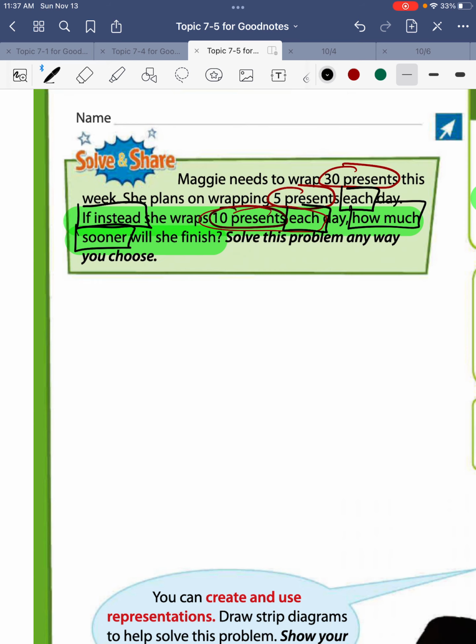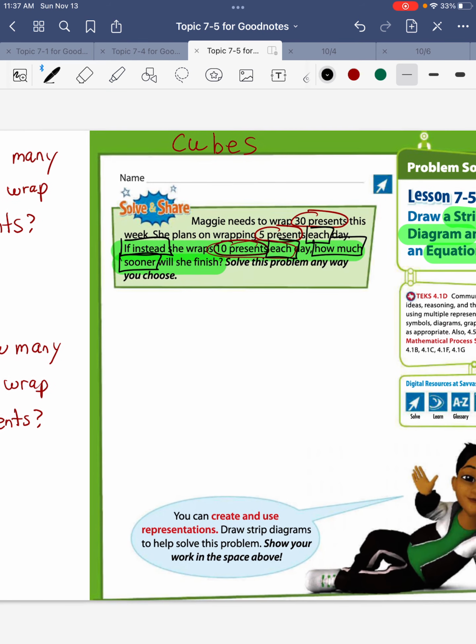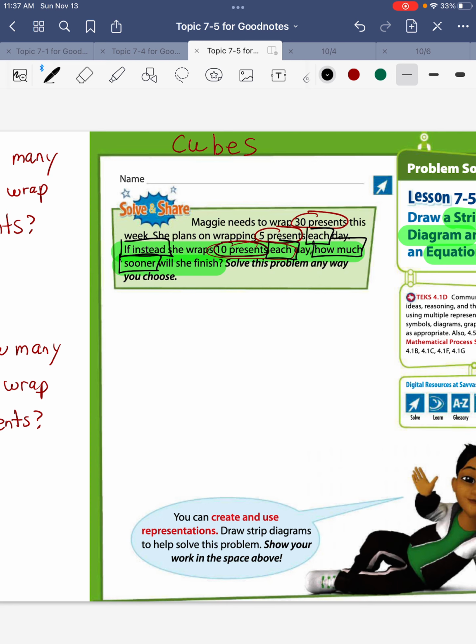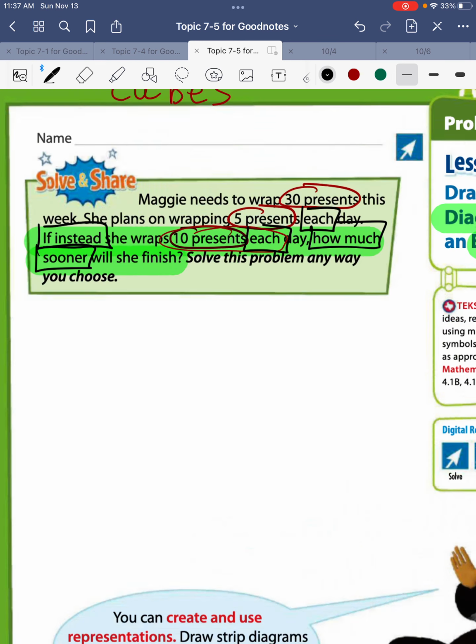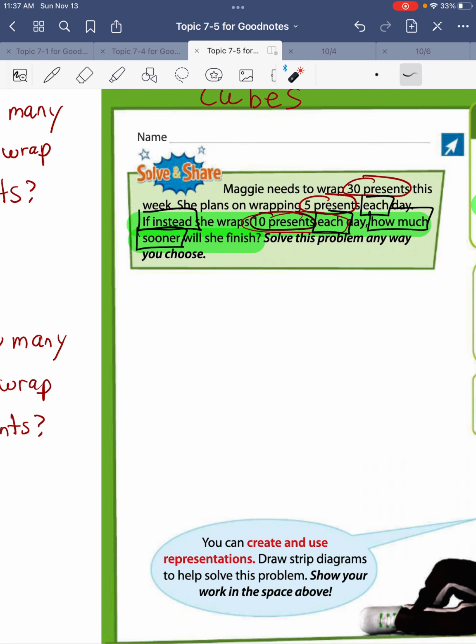Okay. And like the problem says, we're going to be doing strip diagrams. So I'm going to focus on this sentence. She plans on wrapping 5 presents each day. Okay. So I'm going to do my get. Before I do my strip diagram, I'm going to do my get. My total is going to be my 30 presents.